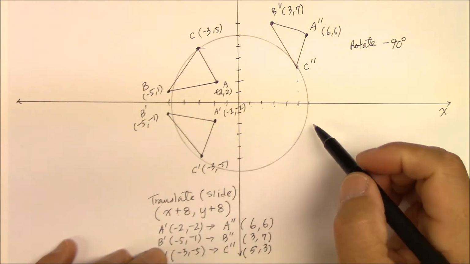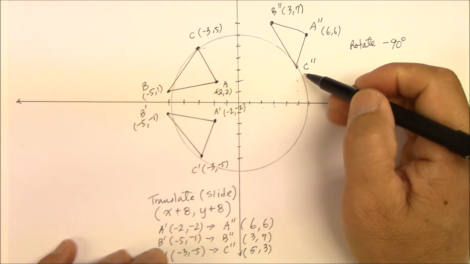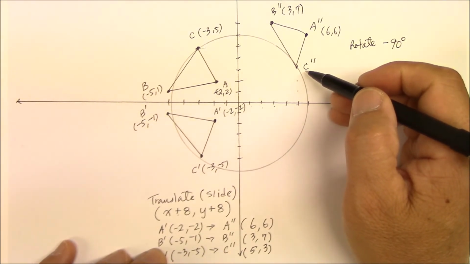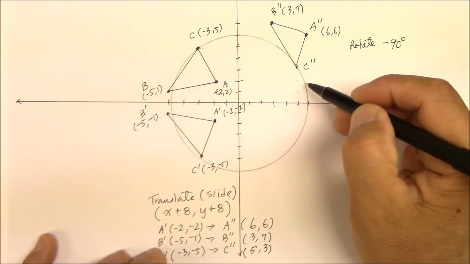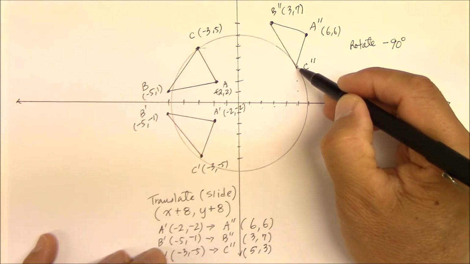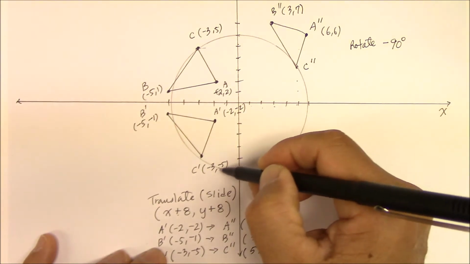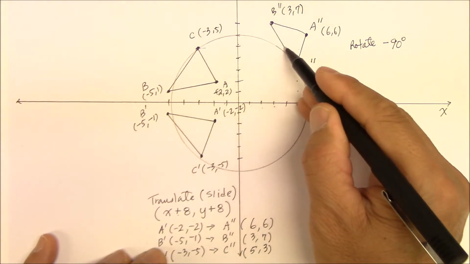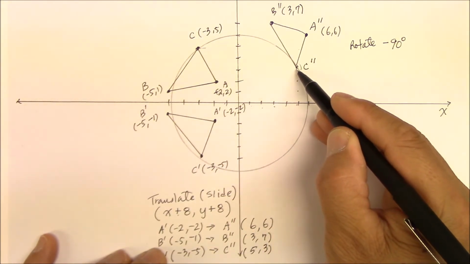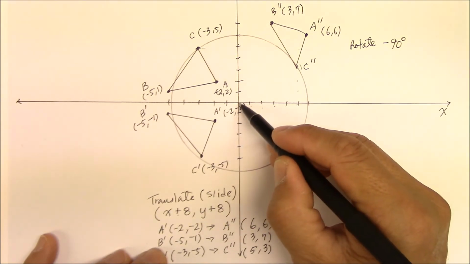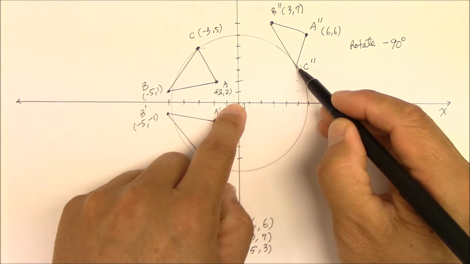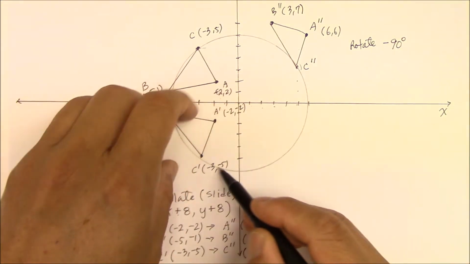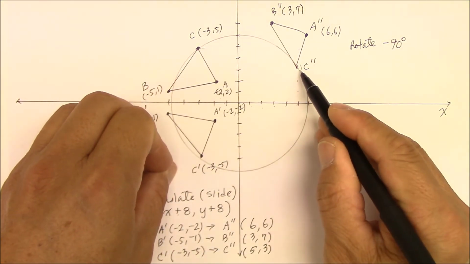Now, let's think about this. Here's what you already know. You never thought about it, maybe. But did you know that if you started from the C double prime here and went 360 degrees, where will you end up? That's right back to where it was. Using the origin as a center, or the pivot point, if you rotate it 360, it'll come back right to where it was.